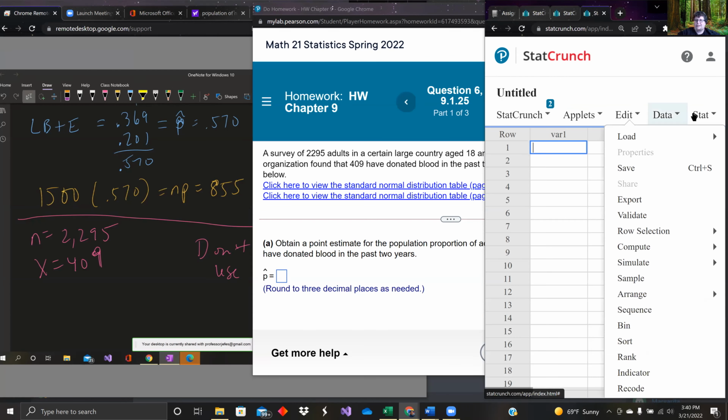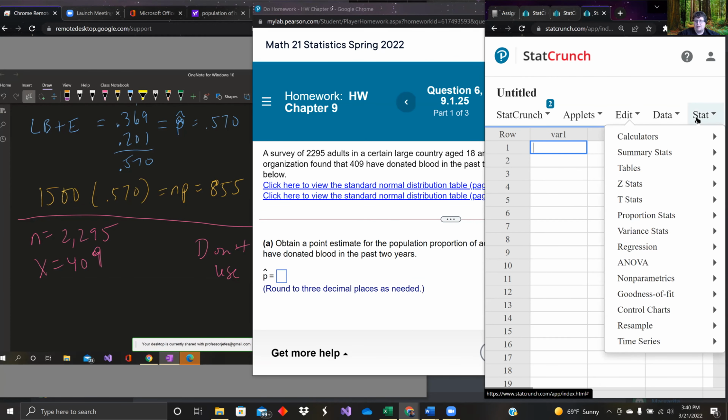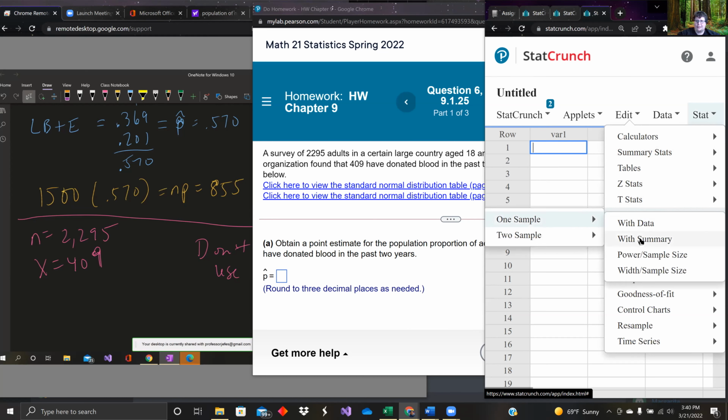All right, let's do that over here. We're going to do stats, proportion stats, one sample with summary. Because they didn't give me the actual data, they gave me a summary. So that's where I'm going to enter it. Oh, wait, not for p hat. I can just do p hat by hand.